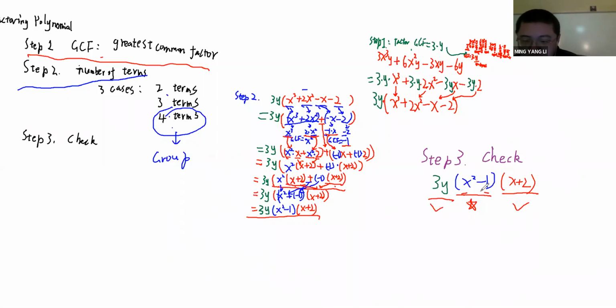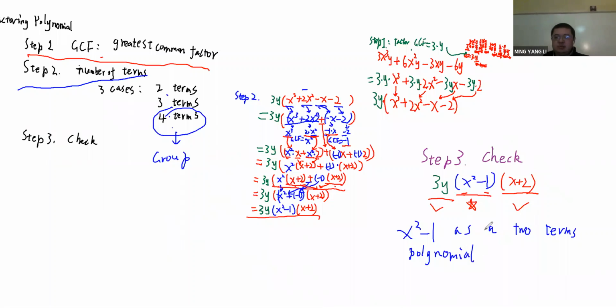Now let's just see the middle part. We check as a 2-term polynomial, oops, my pen doesn't, okay. As a 2-term polynomial, oh, okay, here we go.